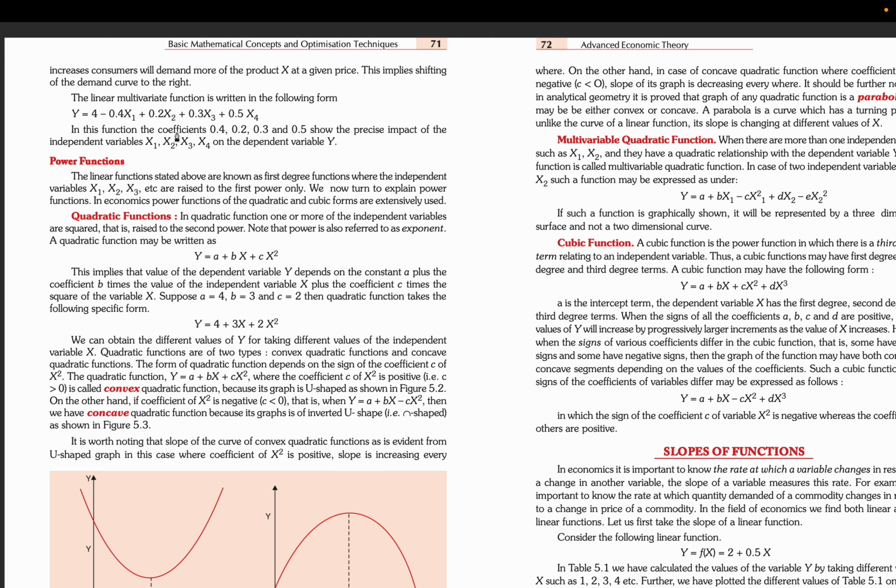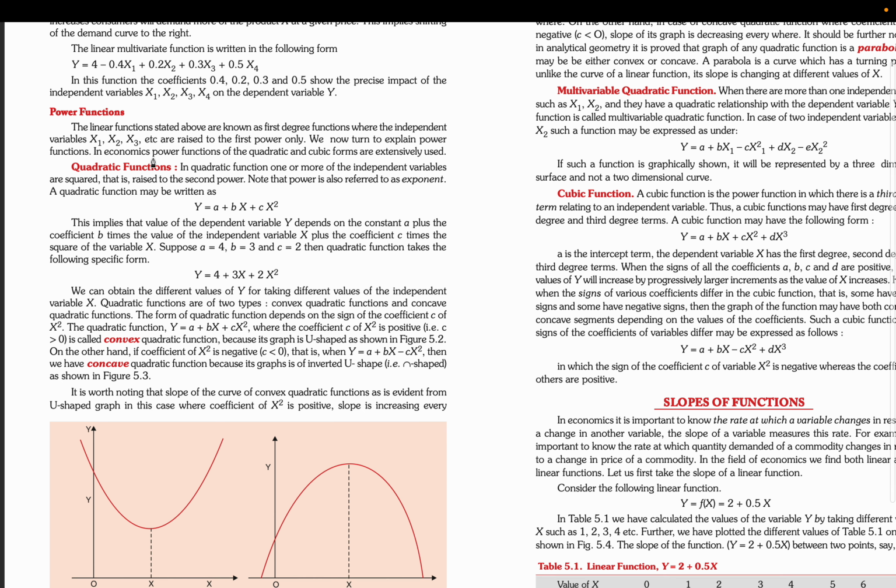In this function, the coefficients 0.4, 0.2, 0.2, 0.3, 0.5 show the precise impact of these variables on the dependent variable. Because if you, let's say, increase this by 1, there's going to be an increase of 0.4 in y. Sorry, if you increase this by 1, this is going to fall by 0.4.